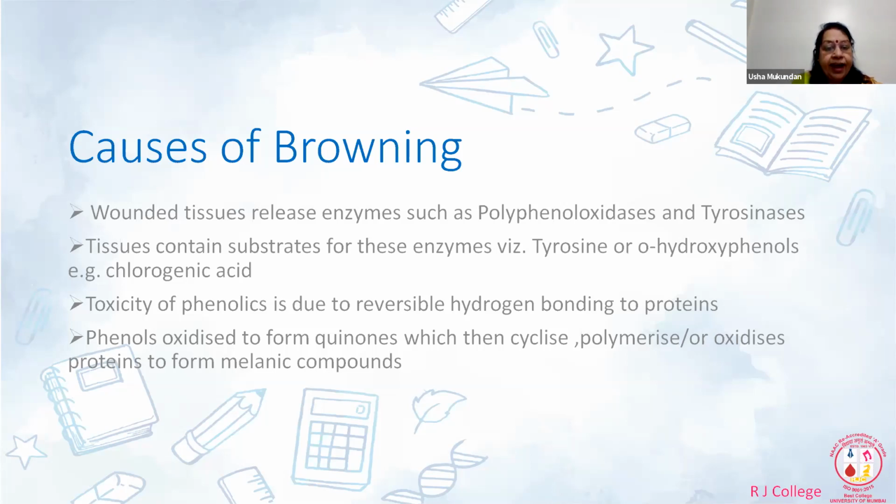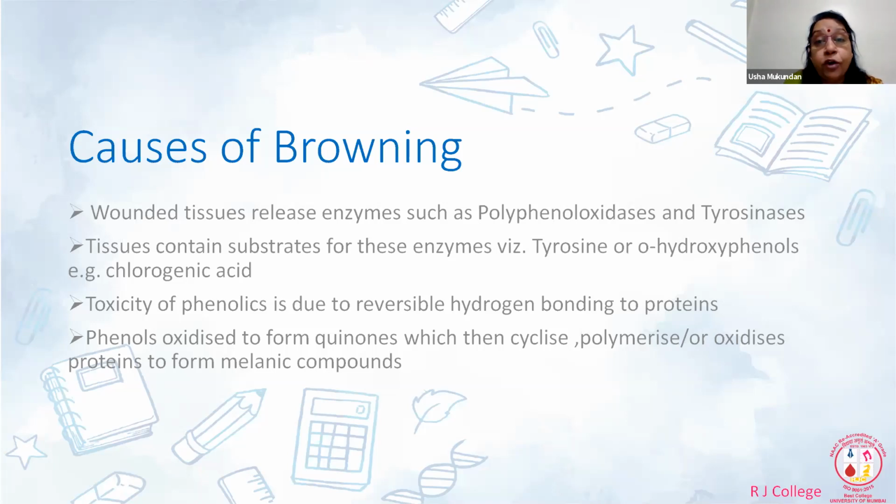So again, to revise, phenols oxidize to form quinones, which then cyclize, polymerize, or oxidize the proteins to form brown colored or dark colored substances known as melanic compounds. For you as students, if you get a job in a natural product company, there are two components which are very important.